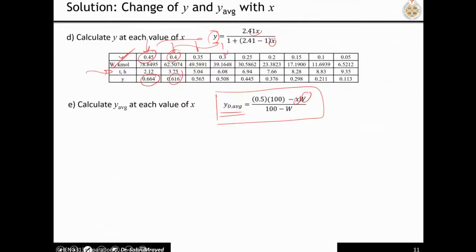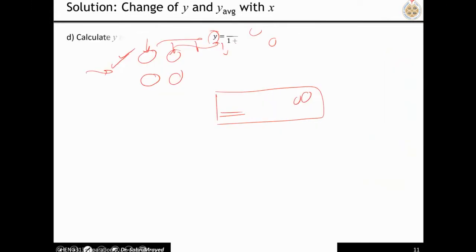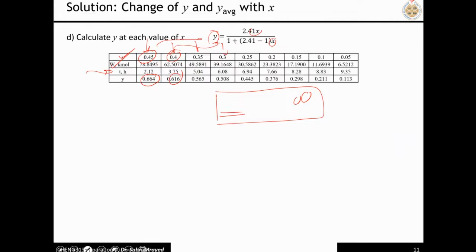If you remember here, you see here, once we did this one, the rest is going to be the same equations now. I know w at different values of x, I can get time. And now here, we already did that from the equilibrium data, but I know the y average.